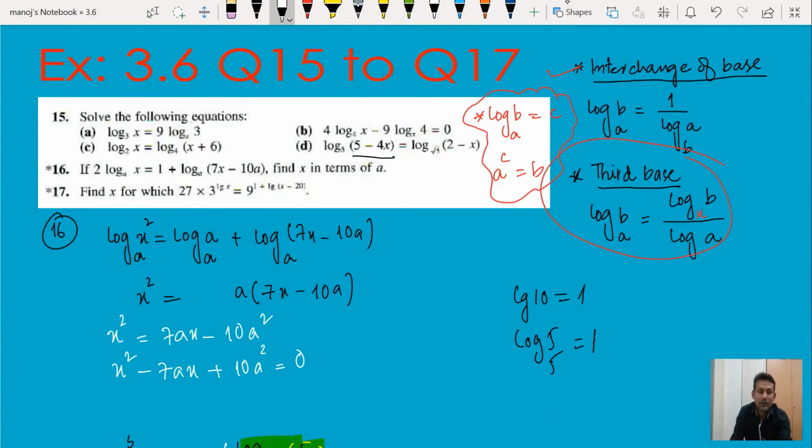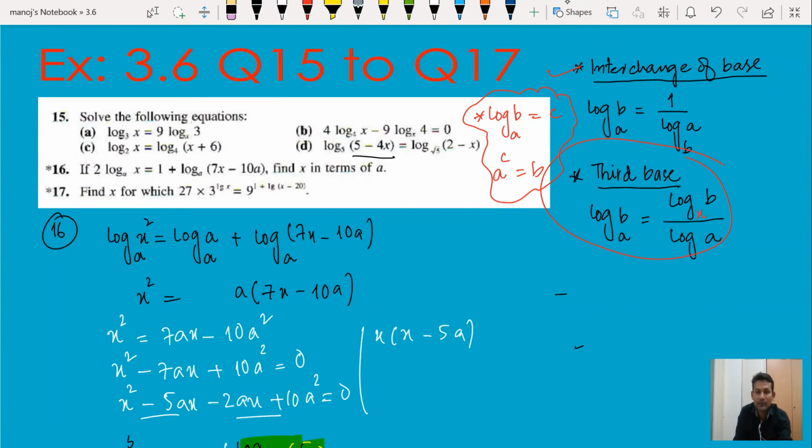Now when you make the factors, to get 7 we need, yes, 5ax and 2ax. 5 times 2 is 10 and 5 plus 2 is 7, when we add, and it is coming 10a squared. Okay, x is common. So we write x minus 5a.